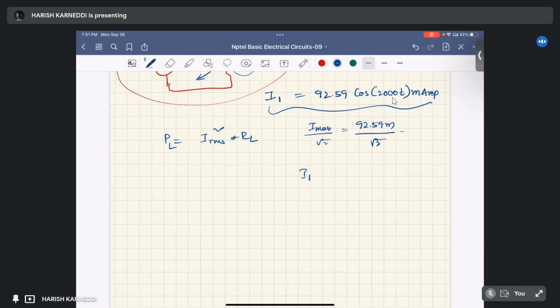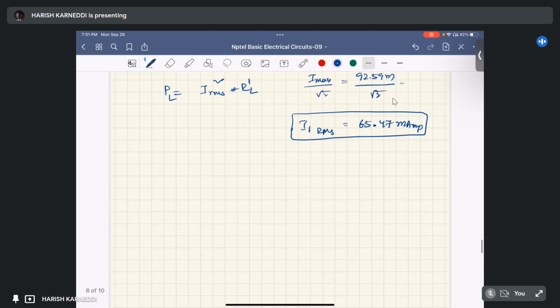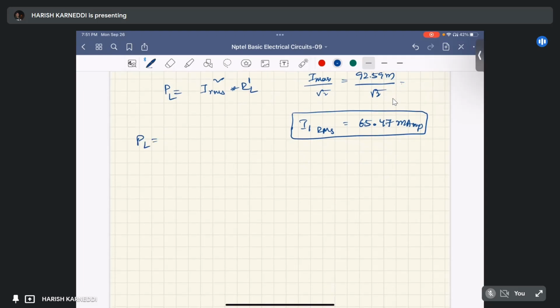The I1 RMS equals 65.47 milliamps. We know the value of the RMS current and we know the equivalent resistance, that is 8 ohm. So we can find out the power equal to IRMS square into RL.